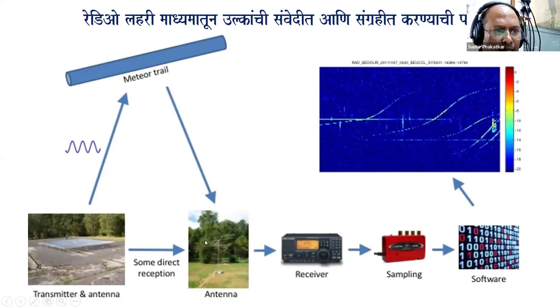You can see the dipole, and in the receiver, initially people used normal receivers, particularly designed for these particular frequencies, and then for sampling an old technique was there, and software is there, and you can see the reflection in this another image.